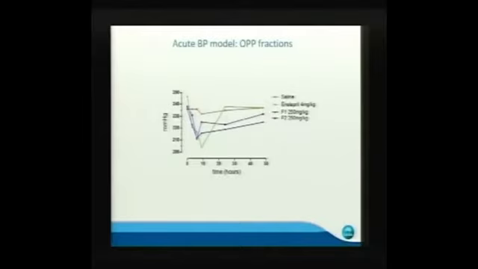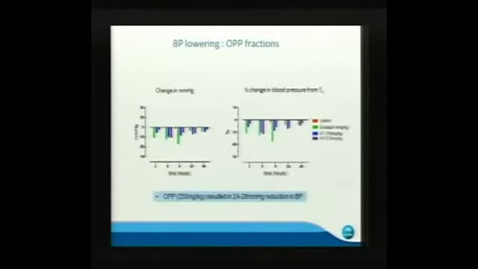So we have evidence in another model. This change in blood pressure is from the same experiment. We get about 24 to 28 millimeters of mercury reduction post oral administration of the drug.